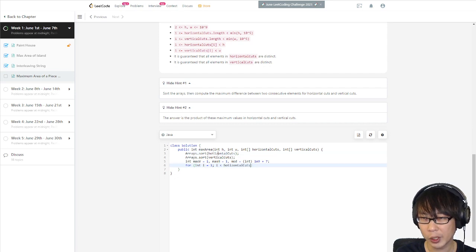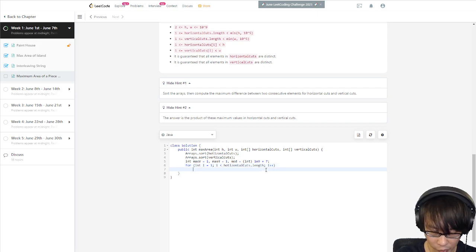Oh, by the way, if we sort it, we actually change the input, right? But I'm too lazy to do a deep copy of the array, so let's just change the input. So we are going to find the maximum h, right?